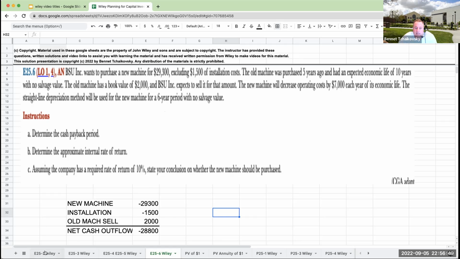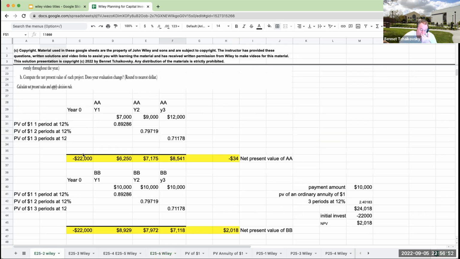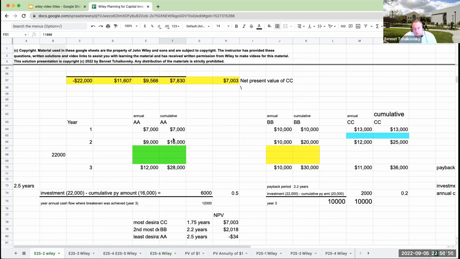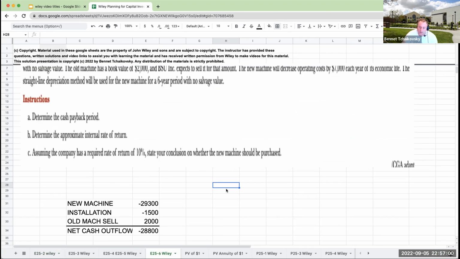If you look back at exercise 25-2, with even cash flow, the payback period is going to be my investment amount divided by the annual return.